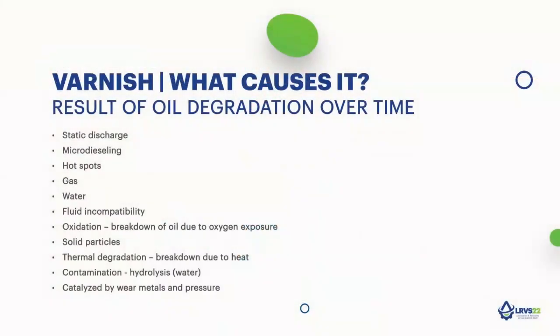Aside from that, we can have oxidation of the oil degradation. Solid particles can attribute to that, and also thermal degradation. If the machine is operating at much higher temperatures, it will cause the oil to oxidize at a more rapid state, causing varnish to form. And lastly, contamination by wear and pressure can also impact varnish.